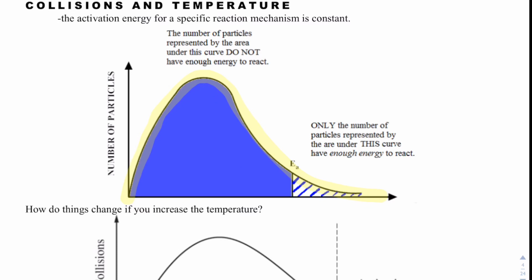And so what we have here shaded in blue, those are the particles that do not have enough energy to react. And the reason why is that they are to the left of our activation energy. Whereas the particles with these blue lines, those represent our particles that can react because they do have enough energy.